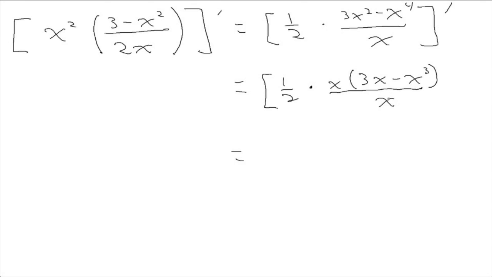Because sometimes people think they can cancel when they really can't. Now it's clear we can cancel. I'm not saying this is absolutely mandatory, but I think sometimes we have trouble knowing when we can cancel and when we can't. So I think this is a slightly safer approach. You can cancel when you can factor out the term that you're canceling and write the expression like this.